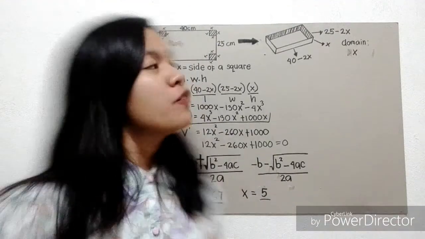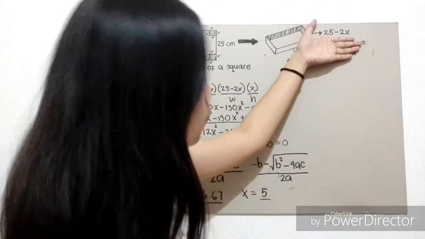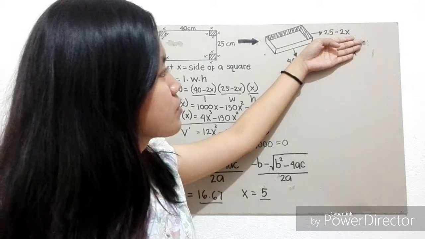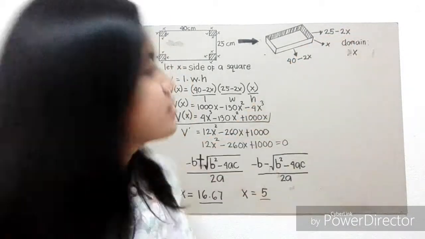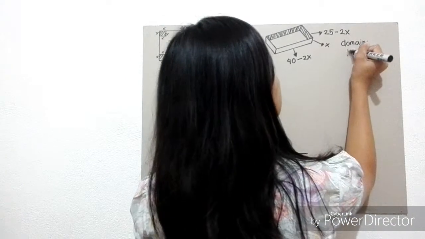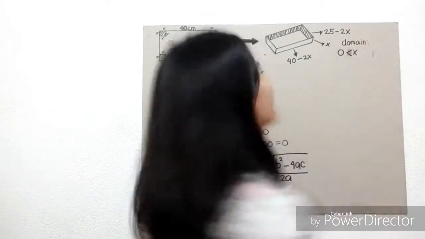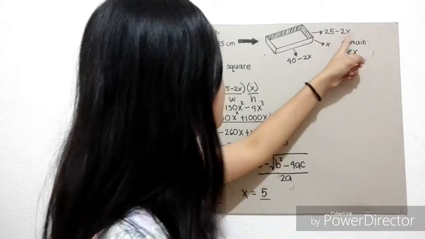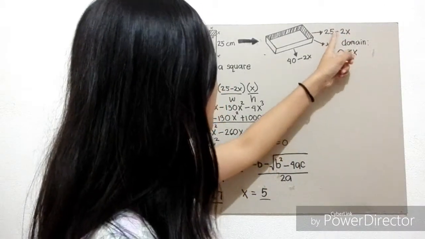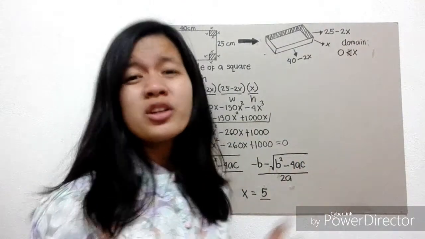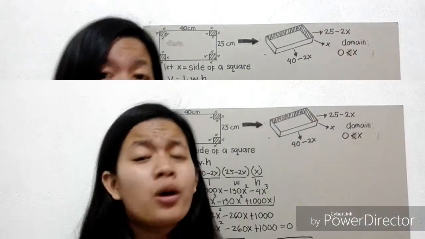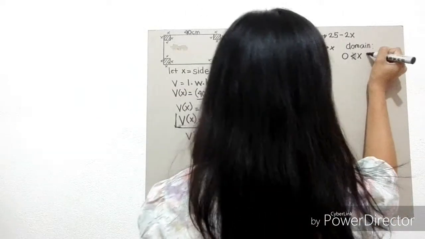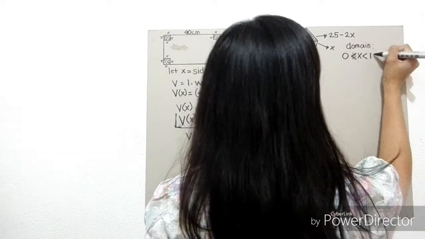If you base it here, we know already that x should not be equal to 0, so x should be greater than 0. Why? If it's 0, then 2 times 0 would be 0, and 25 minus 0 would be 25, so you're not taking any square at all. On the other hand, x should also be lesser than 12.5.